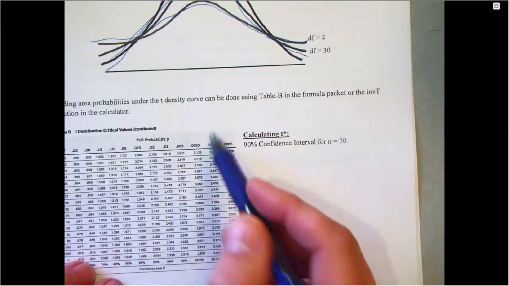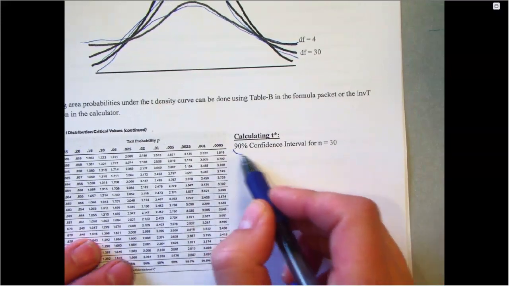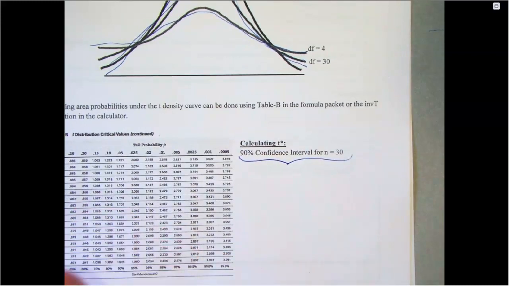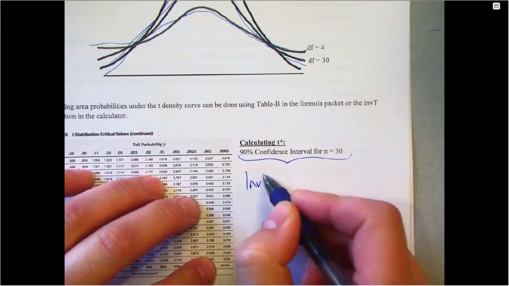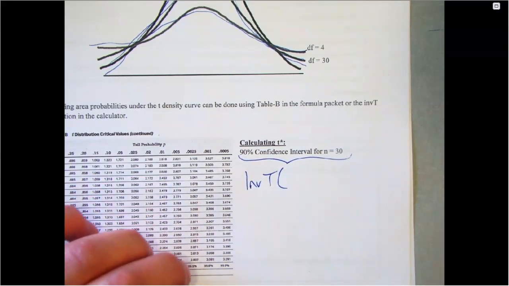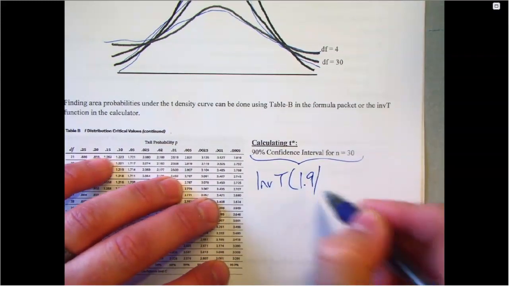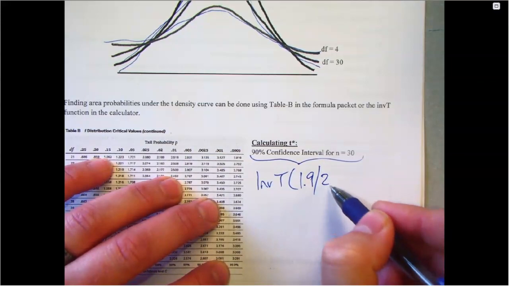And we're not going to use the chart except for a second. How do you calculate t-star? So it's not inverse norm anymore. Normal and z go together. It's inverse t. And then we do the 1.9 divided by 2, or the 0.05 if some of you are doing it that way.